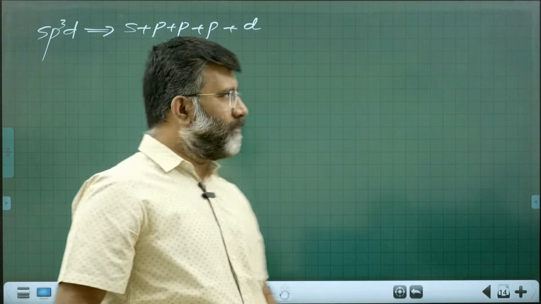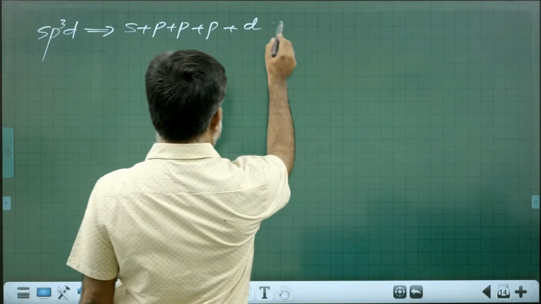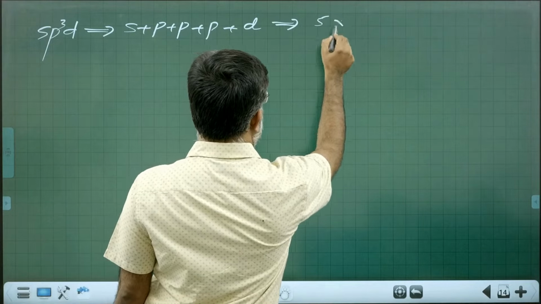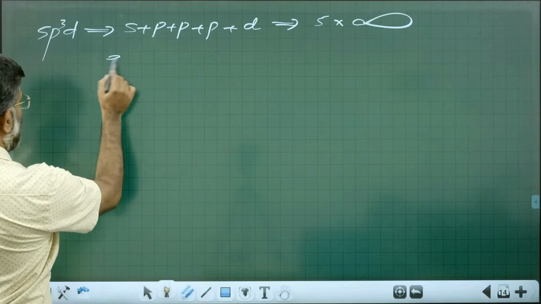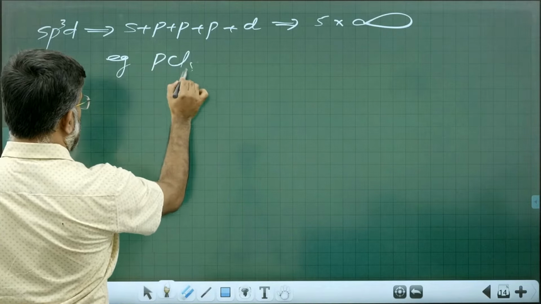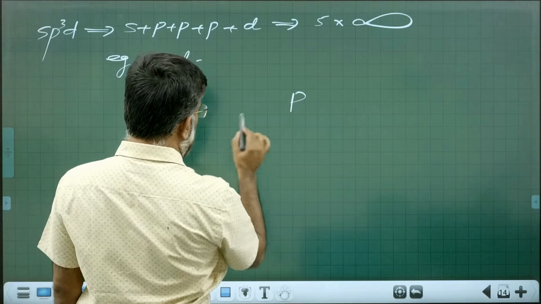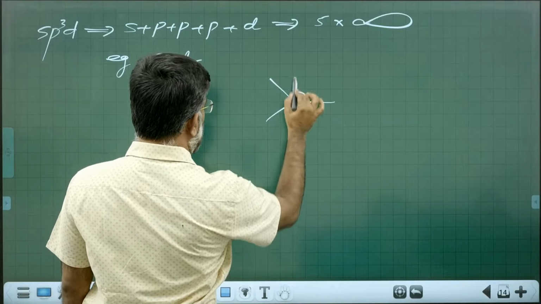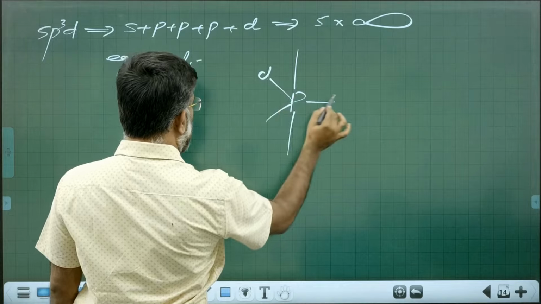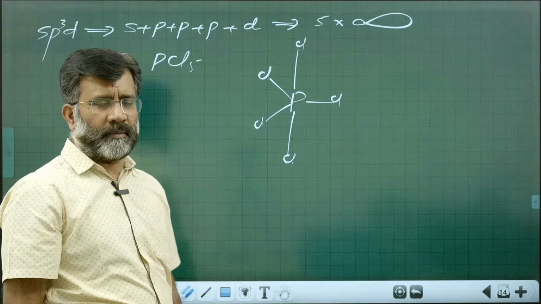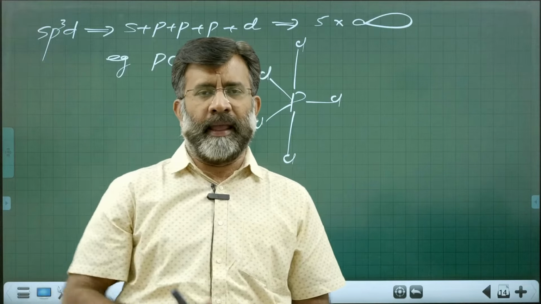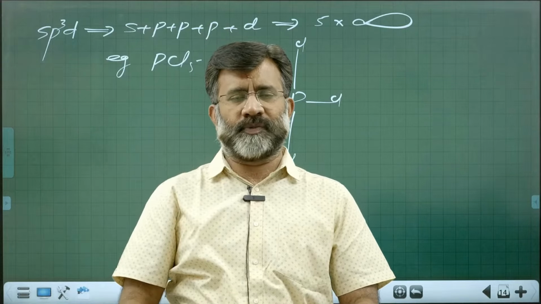That makes sp3d hybridization. That means you have five new hybrid orbitals. Example, PCl5. Phosphorus is the central atom. 1, 2, 3, 4, 5. Already it is learned. Trigonal bipyramidal geometry with three bonds in the plane and two axial bonds.